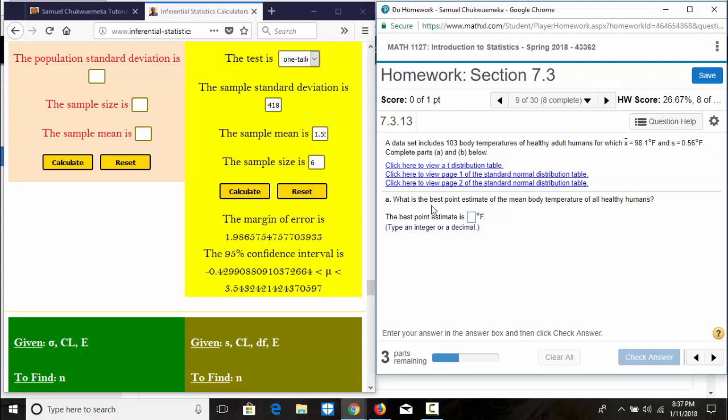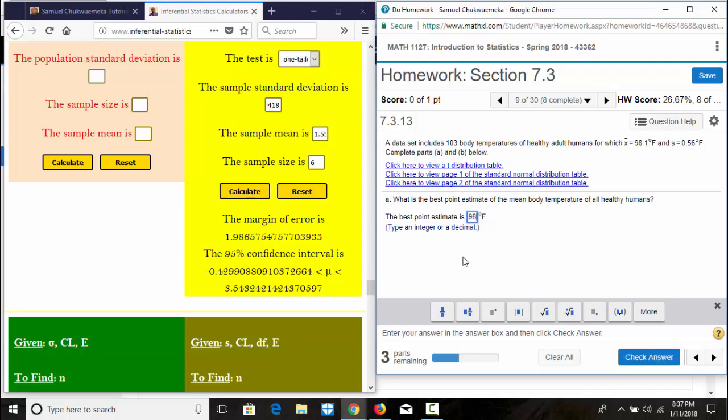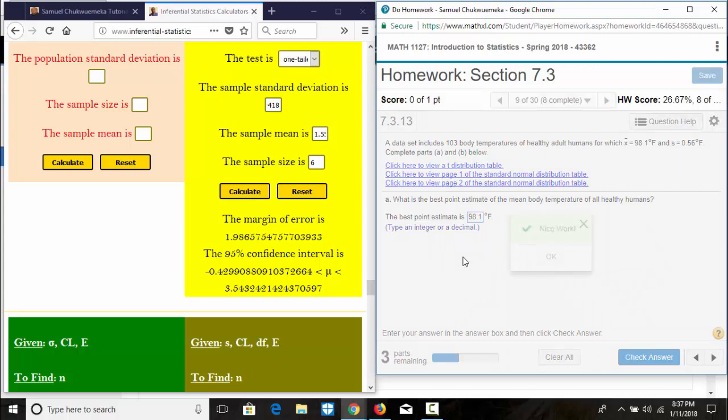A. What is the best point estimate of the mean body temperature of all healthy humans? So of course the sample mean is the best point estimate of the population mean. So you put 98.1.